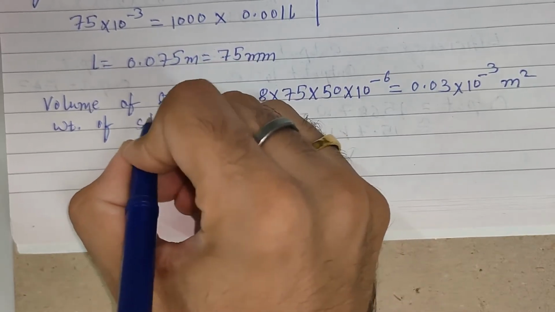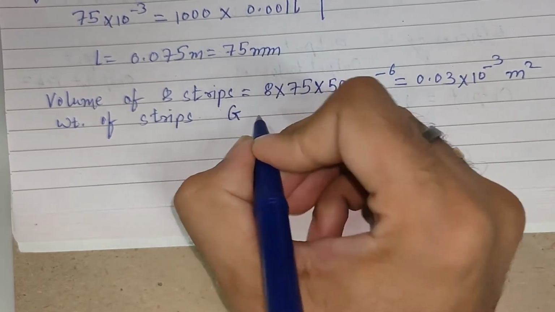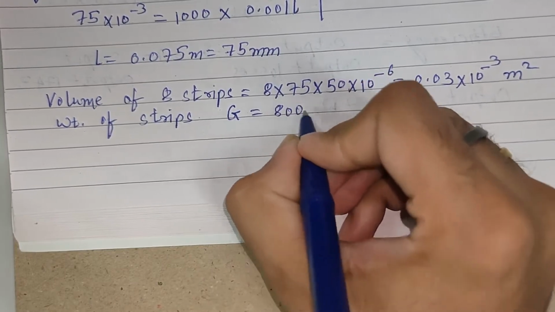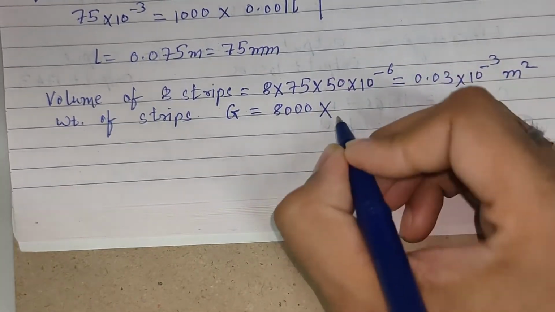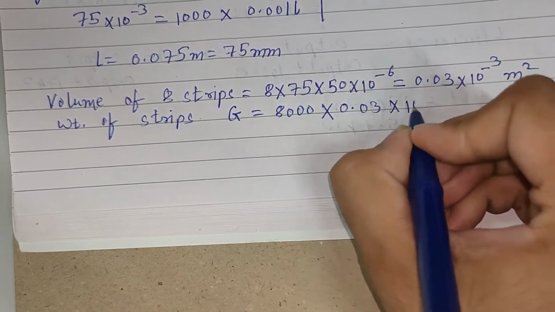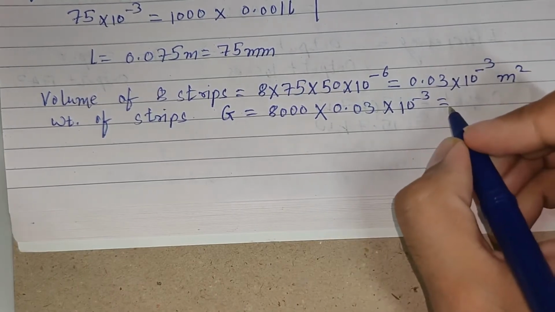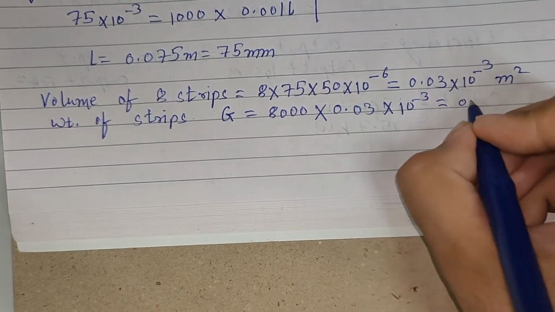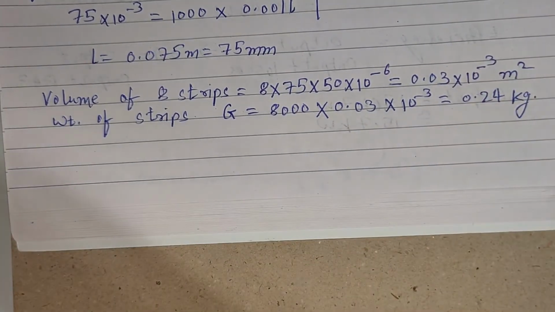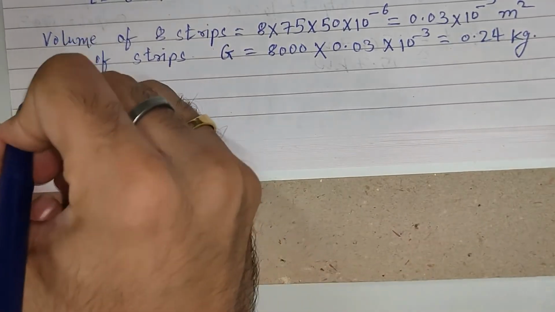So the weight of the strips, which is given by capital G, is equal to 8000 multiplied by its volume, that is 0.03 into 10 raised to minus 3, which would give me the answer as 0.24 kg.